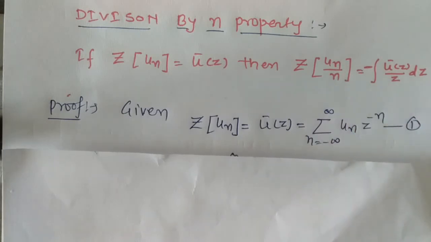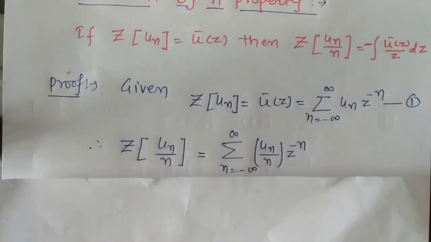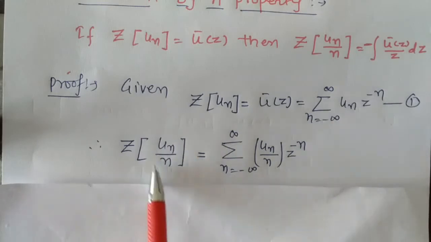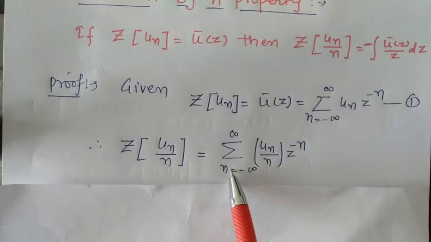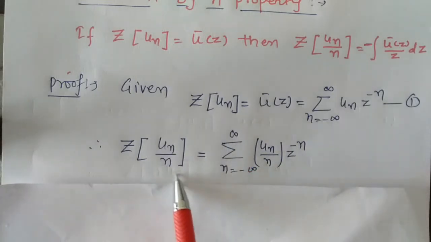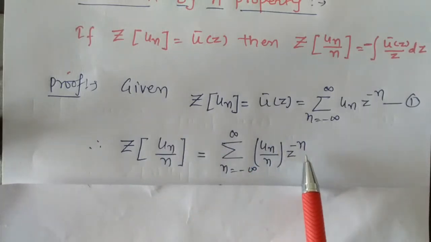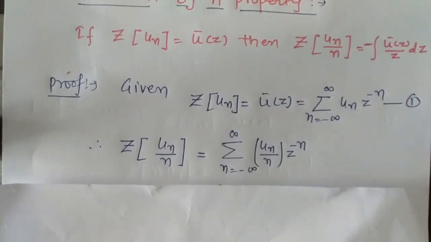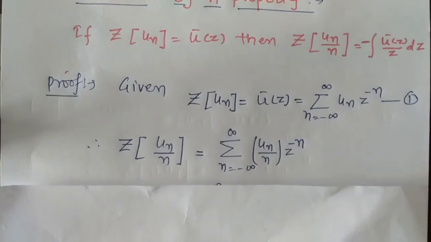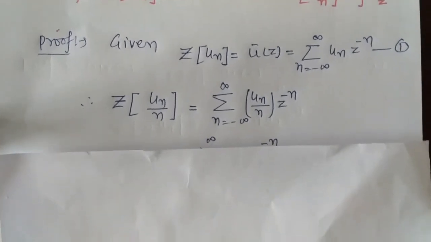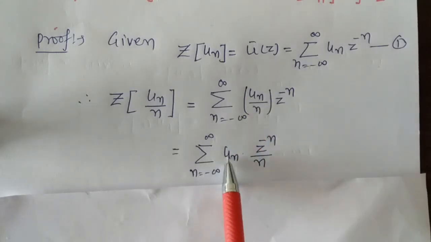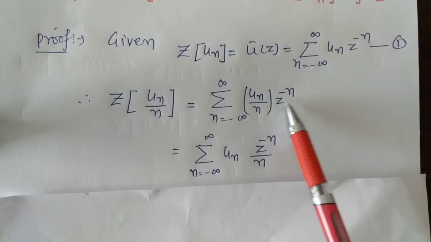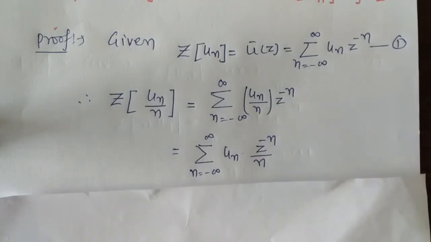So by definition of the z transform, the z transform of u(n) by n is given by the summation n goes from minus infinity to plus infinity of u(n) by n into z power minus n. Now we express this as the summation n goes from minus infinity to plus infinity of u(n) into z power minus n upon n.